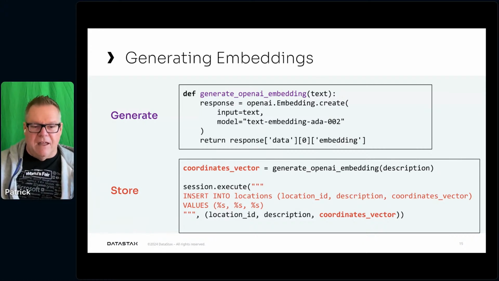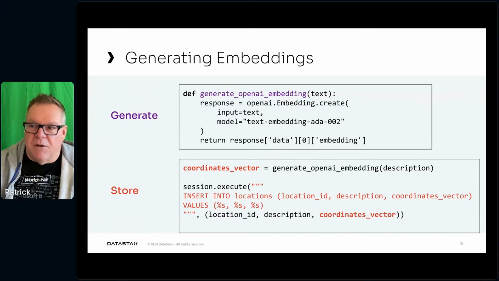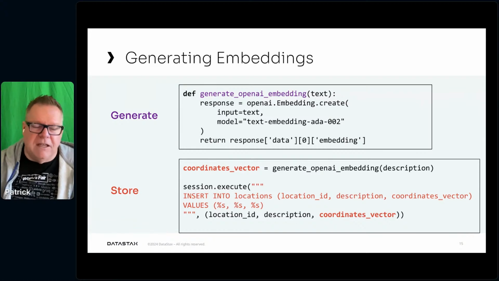But when I do the insert into the database, I first create, you'll notice in the code here, this coordinate vector, and it takes that text. And then I store that in my insert. So I pass that in as a parameter to my bind. That's the 1-2 punch that you have to do.